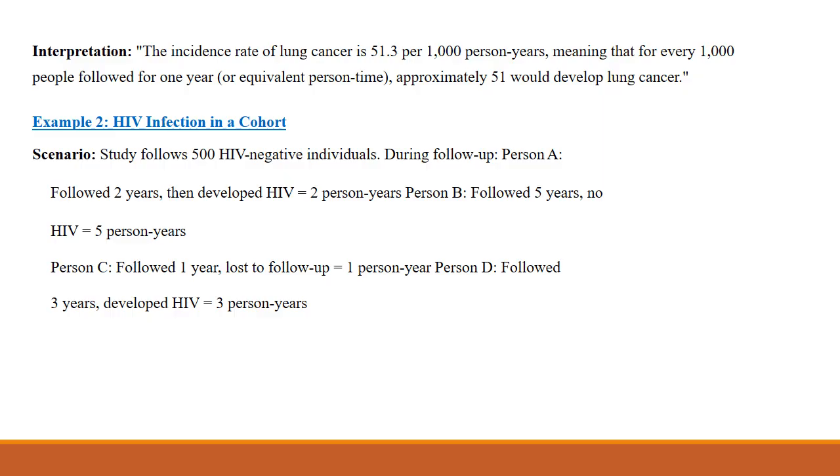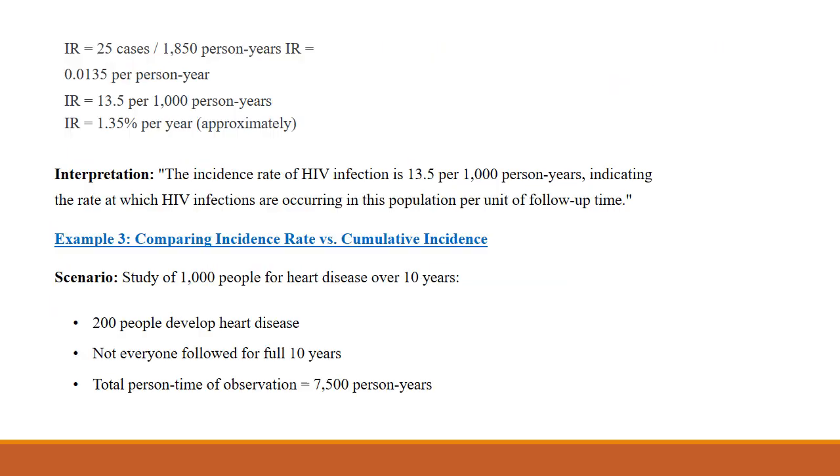Person B followed 5 years, no HIV, that's 5 person-years. Person C followed 1 year, lost to follow-up, equals 1 person-year, and person D followed 3 years, developed HIV, 3 person-years. Then we can calculate the incidence rate as 25 cases over 1850 person-years.